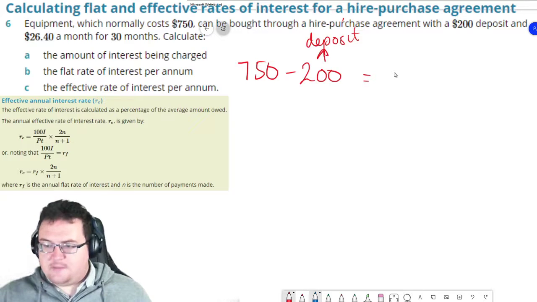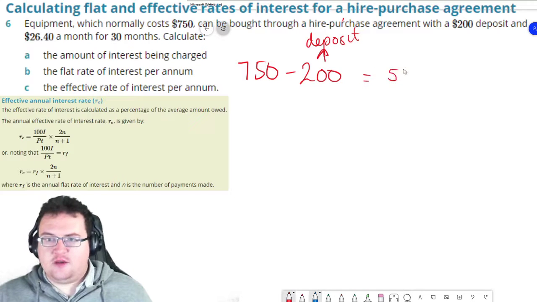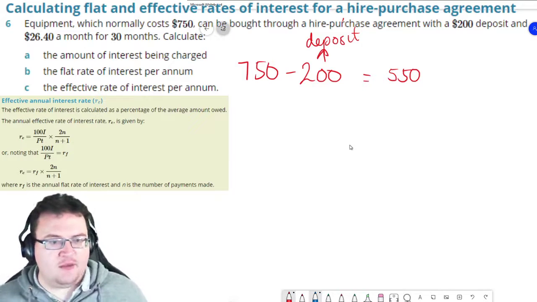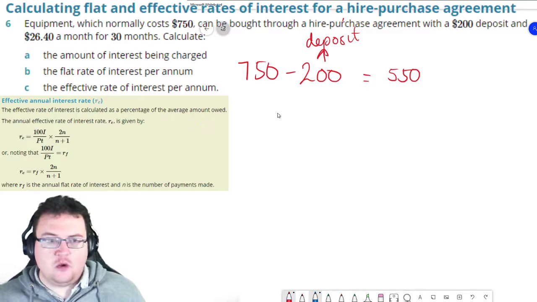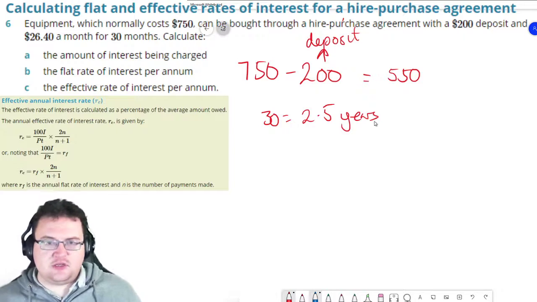What's left over, guys? Yep, 550. And because we need T for time in terms of years, we need to know how many years this is going for. Well, 30 months is equal to 2.5 years.